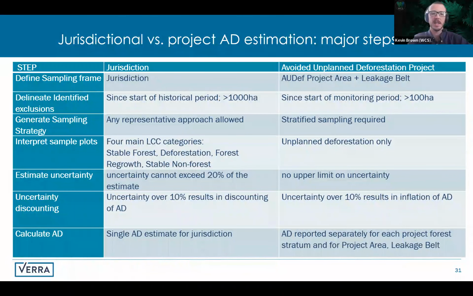So areas of high to low risk, for example. In the jurisdiction, you interpret sample plots to these 4 main land cover change categories: stable forest, deforestation, forest regrowth, stable non-forest. But for the project monitoring, the focus now is just on unplanned deforestation.